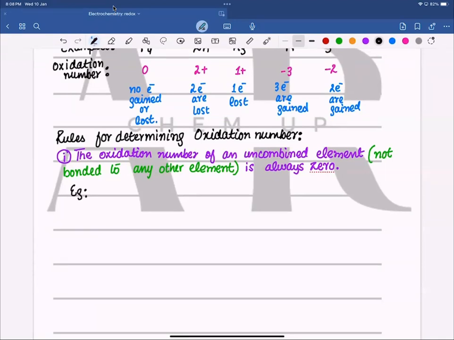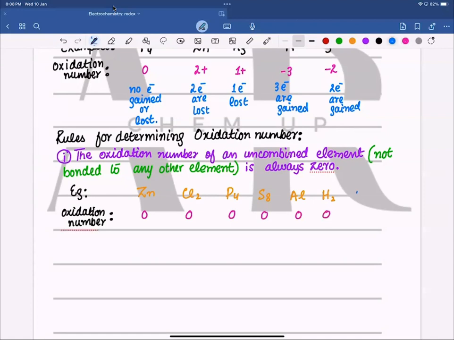Here we have an example. For example, we have zinc, chlorine, phosphorus, sulfur, aluminum, hydrogen, etc. So the oxidation number of all these, as they are not bonded to any other element, is always considered as 0.